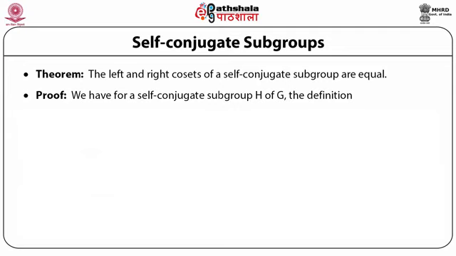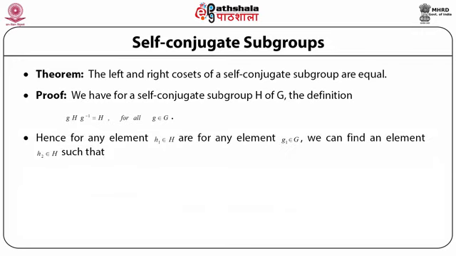We have for a self-conjugate subgroup H of G, the definition that gHg inverse is H for all g belonging to G. Hence, for an element h1 which belongs to the subgroup H, and any element g1 which belongs to the group G, we can find an element h2 belonging to the subgroup H such that g1 h1 g1 inverse is equal to h2, or g1 h1 is equal to h2 g1.